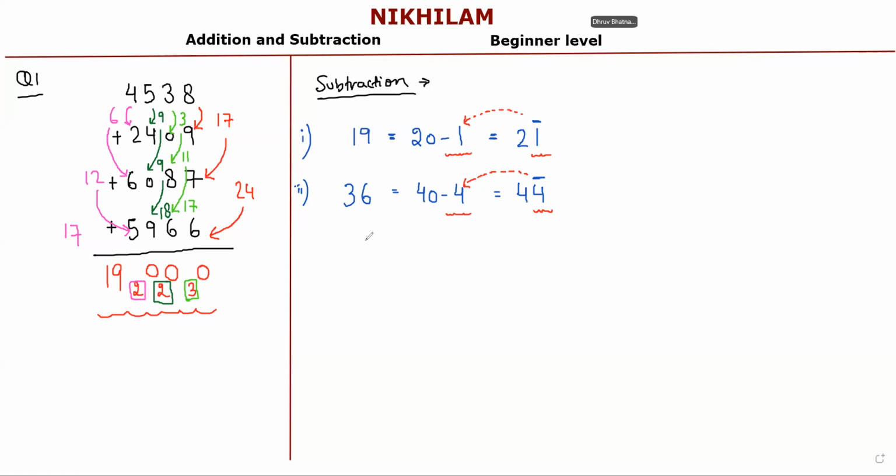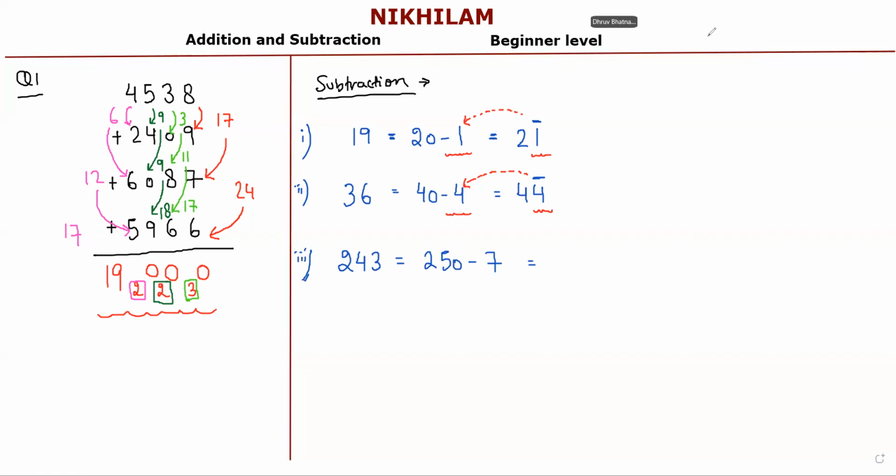Third example. Let's say 243. It is what? You will say that it is 250 minus 7, right? Are you getting this? You have to write everything in terms of a negative number. Now, what is the negative number here?